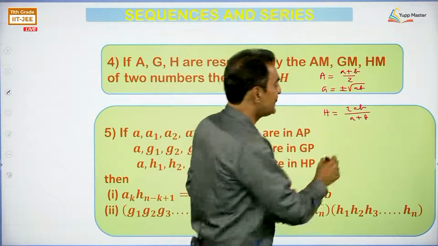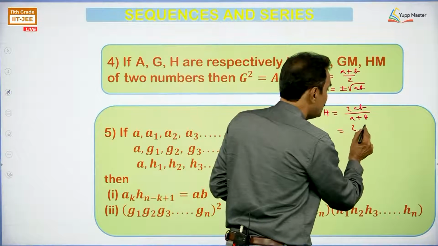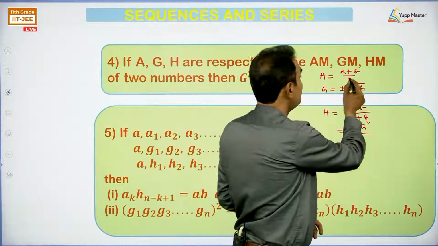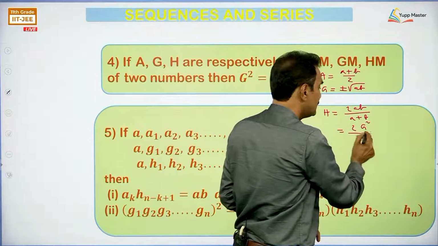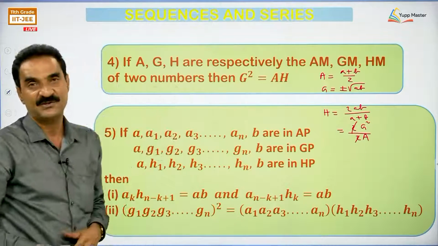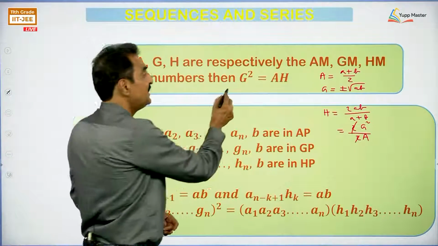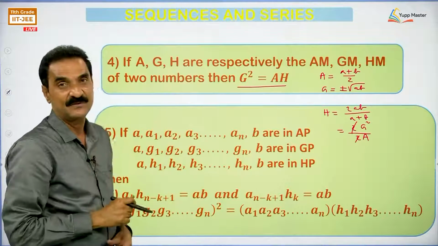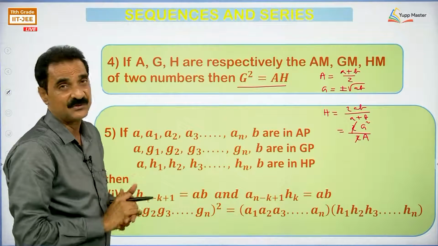And this can be written as 2 into AB, which is G square, and A plus B can be written as 2A. So H is equal to G square by A, which means G square is equal to AH. This is the relation between arithmetic mean, geometric mean and harmonic mean of two positive numbers, that is all.